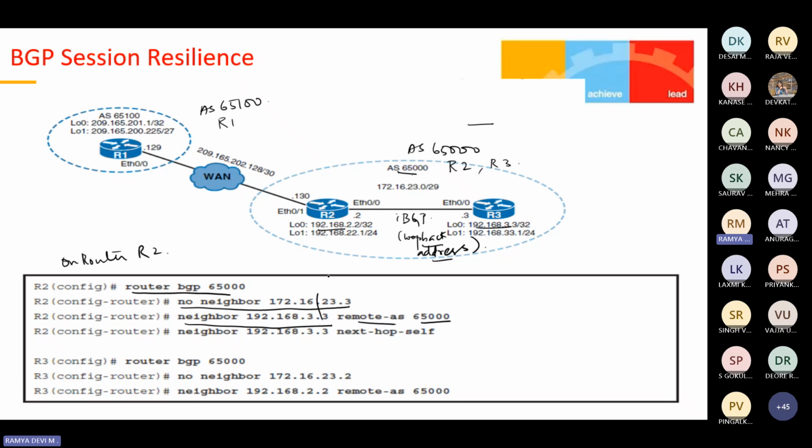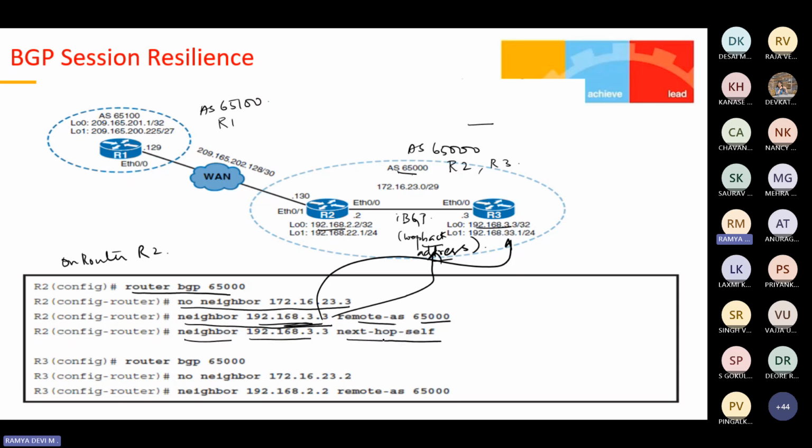This is the IP address of R3, the loopback address. Since both routers are in the same autonomous system, this will create an IBGP session. The next one: neighbor 192.168.3.3 next-hop-self.